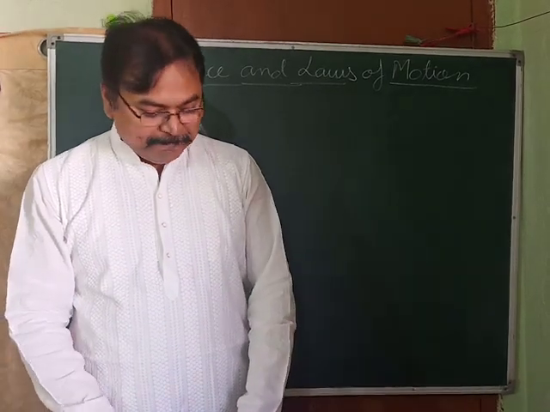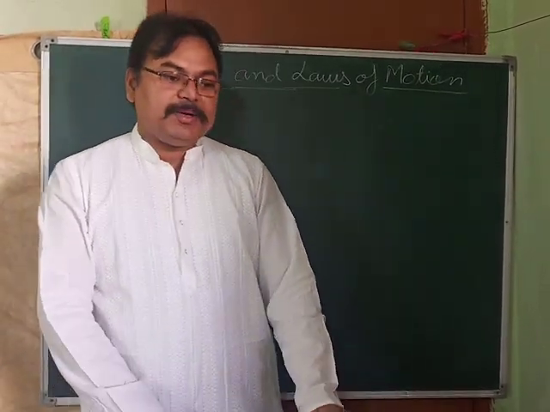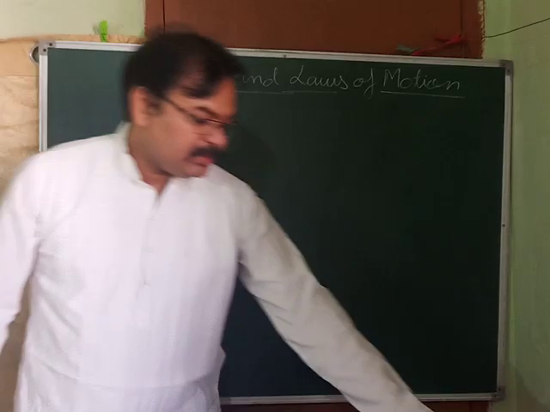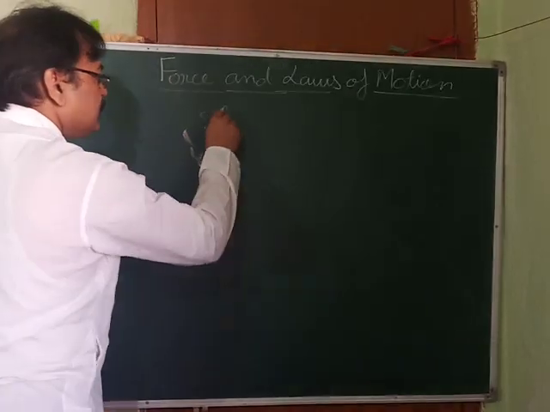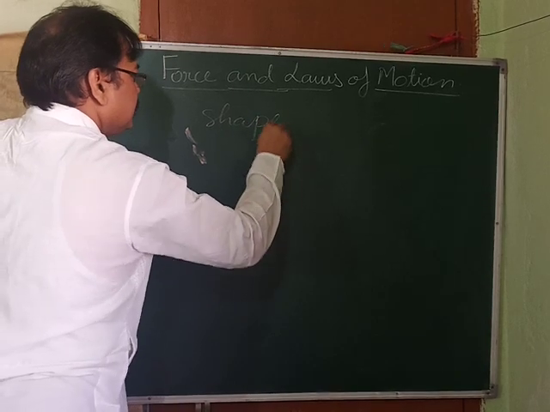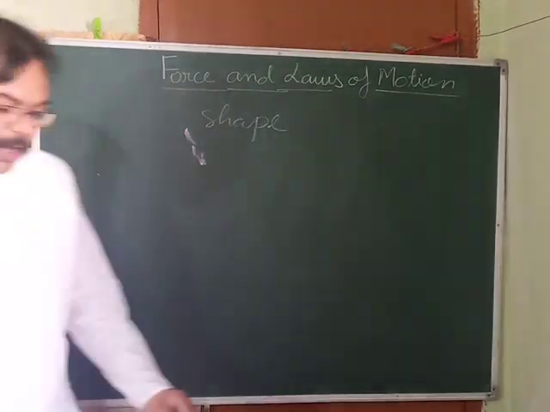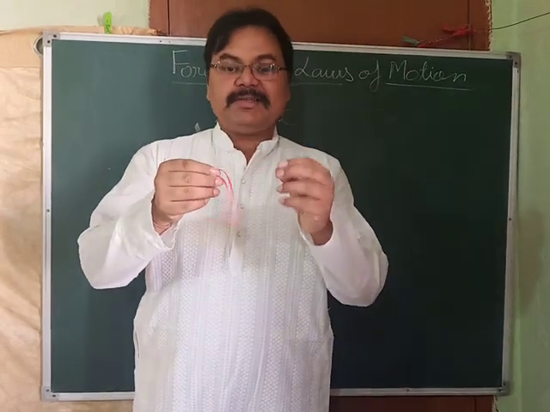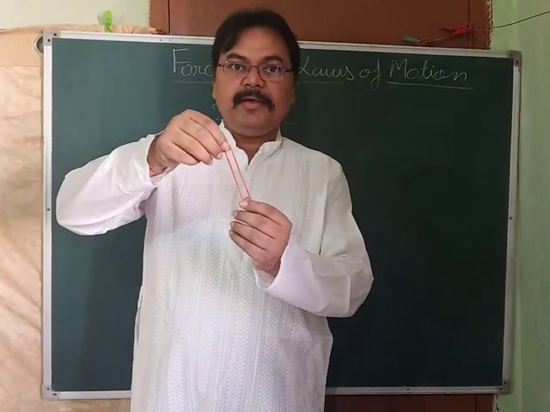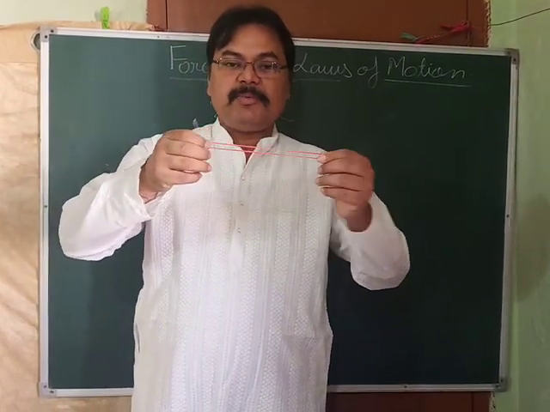Now what do you find? What has changed? It is shape. So I should write here what has changed. Shape. Now you can see this is a rubber band. You can see its length. Now see what happens. I'm going to pull it.